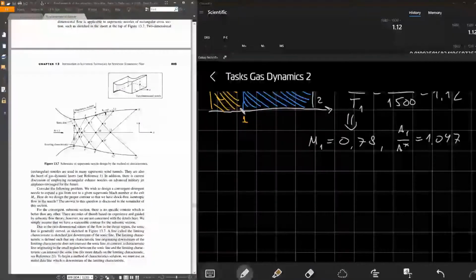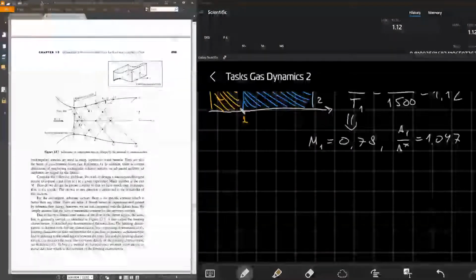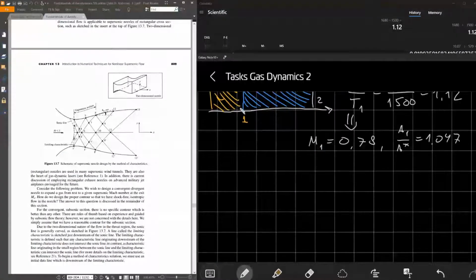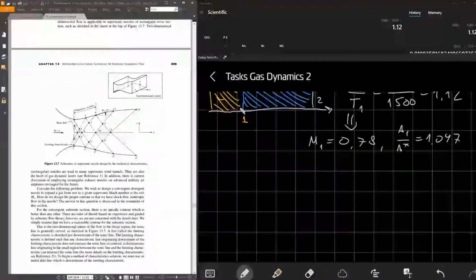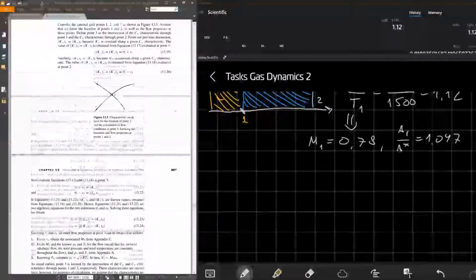I think it's very easy to find on the internet, and they give explanations and solve point by point this task presented here in figure 13.7. They show how to calculate starting from the original point, how to calculate at any particular point. But here I will just show you one step of this calculation.